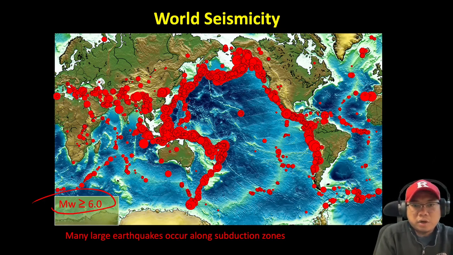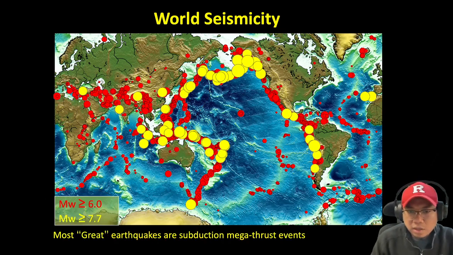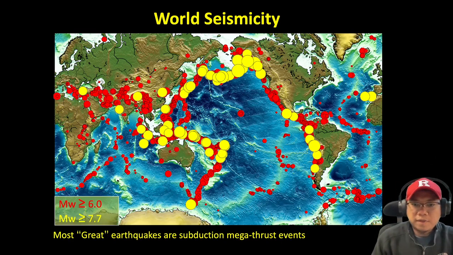Okay, along the perimeter of the Pacific plate, here are some examples of subduction zones right there. And then some of the great earthquakes are related to the megathrusts along the subduction zones, represented by these yellow circles.